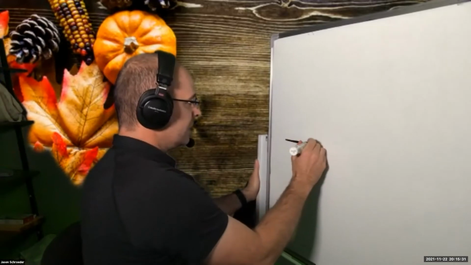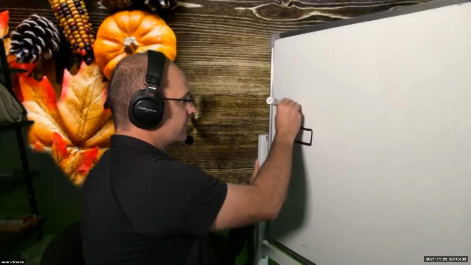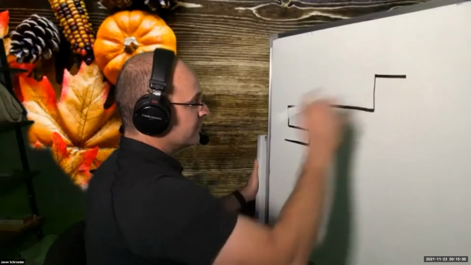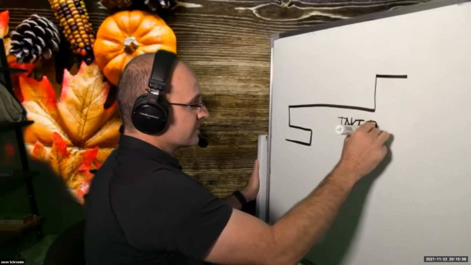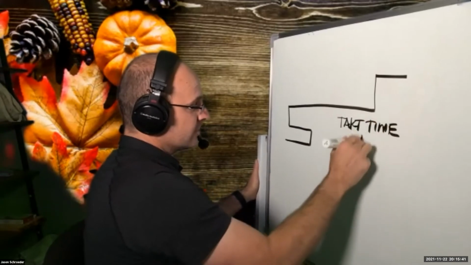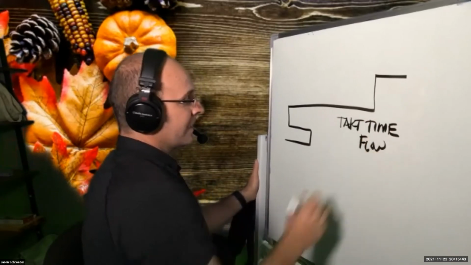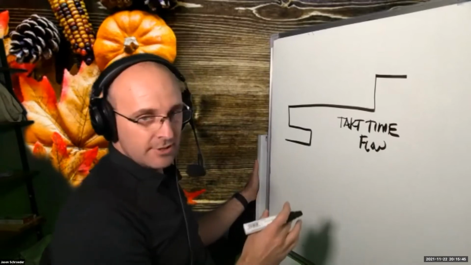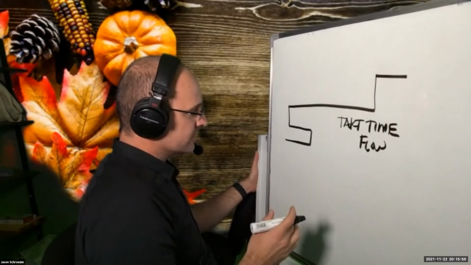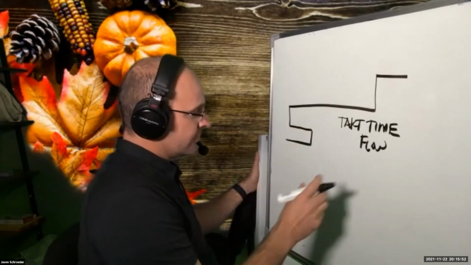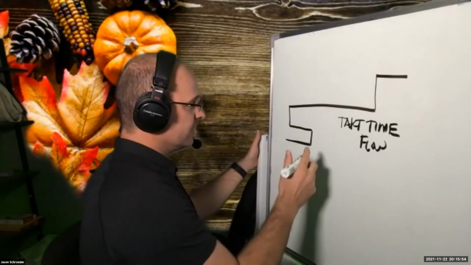If there is a line of cars going through an assembly line at BMW, it's on a takt time. It actually has a rhythm. And so that's a flow system. And Taiichi Ohno talks about it in his book, Toyota Production System.